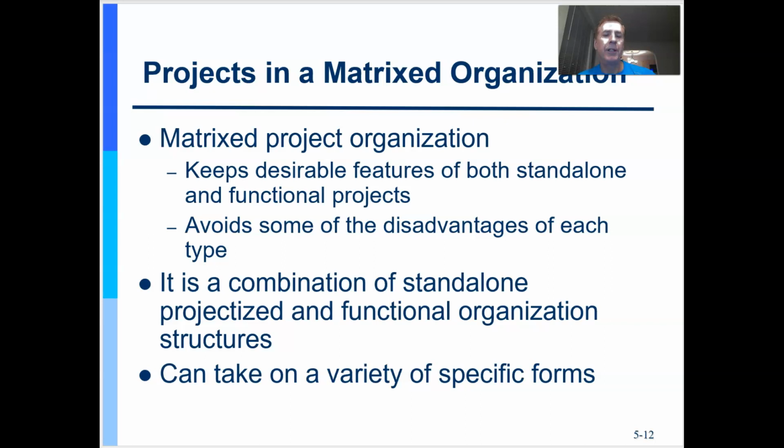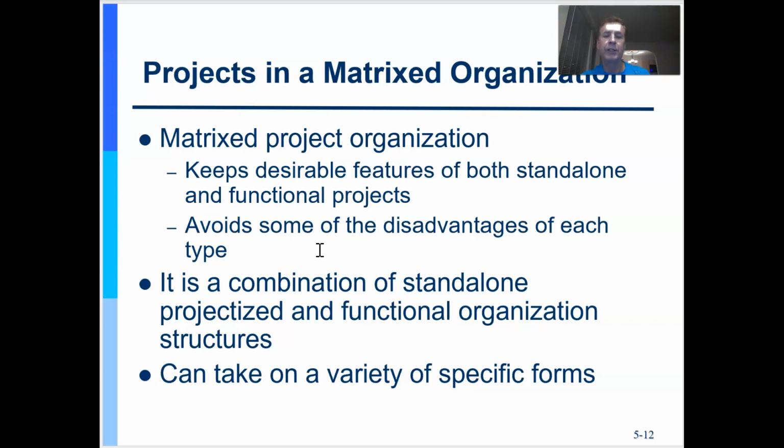Now, the third of the four organizational types is a matrix organization, which is the most common, right? A matrix organization is a matrix of the function and the project team. You're matrixed together somehow. There are various varieties of it: a weak matrix, a strong matrix, and a balanced matrix.